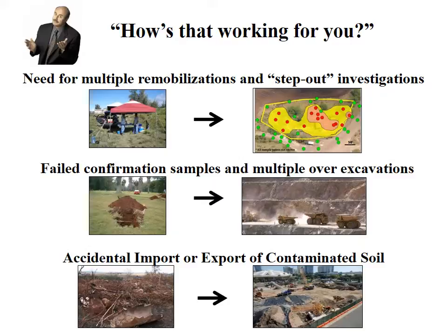Another problem that we deal with quite often here in Hawaii is accidental import or export of contaminated soil, where again you have a small number of discrete soil samples to characterize the soil, indicated there wasn't any contamination of significance, but then later, more thorough testing has demonstrated that there is indeed a problem.